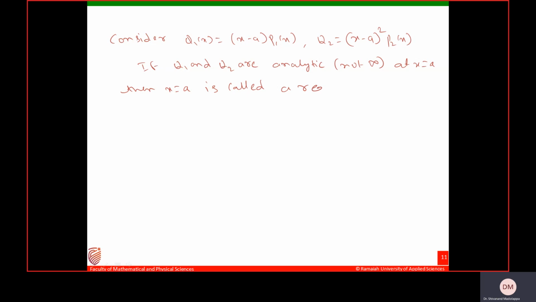Otherwise, if it becomes infinity, then that is called an irregular singular point.